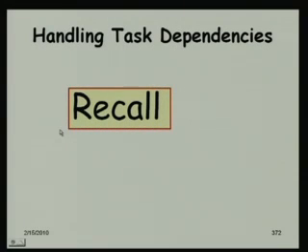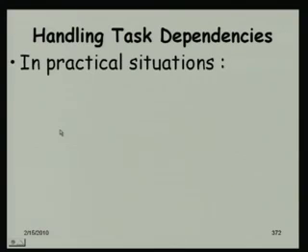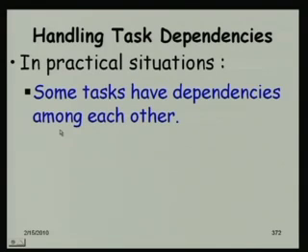First, let us recall what we were trying to do yesterday. We had said that in practical situations some tasks have dependencies with each other, and that is what we had not assumed earlier.